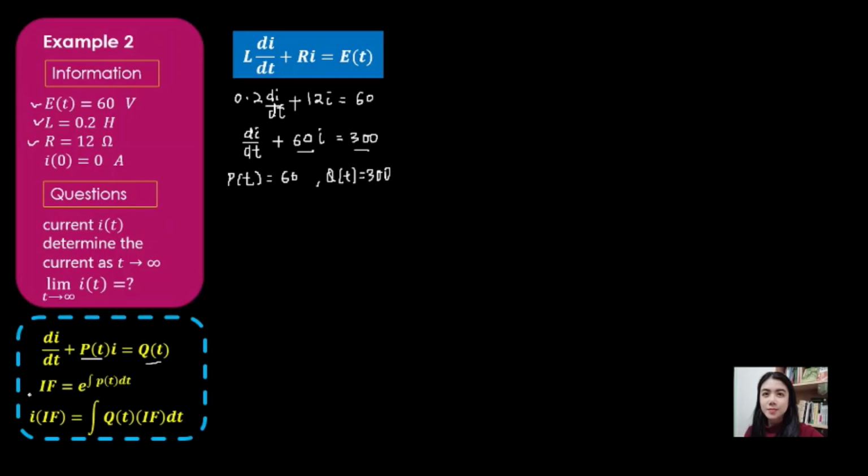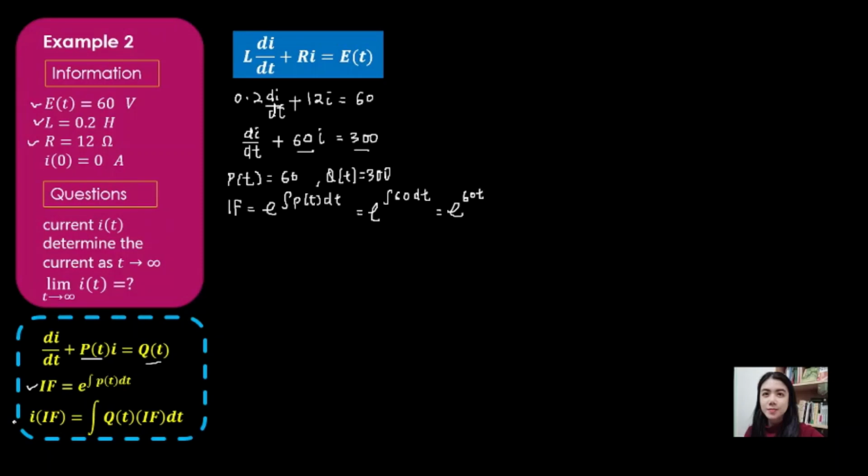Now the next step is to use the integrating factor formula. IF equals e to the power of the integral of P(t) dt. Your P(t) is 60, so integrating it, you have e^(60t).